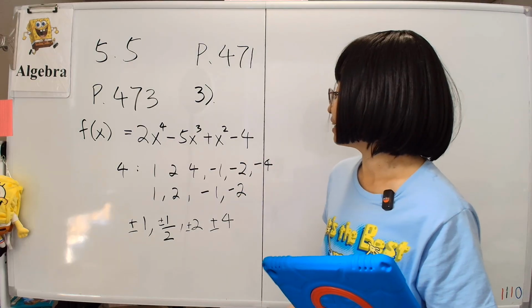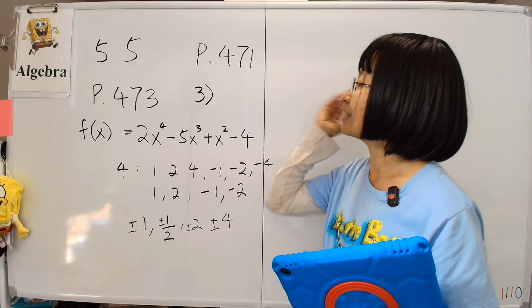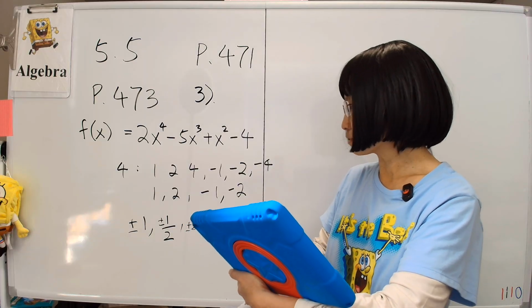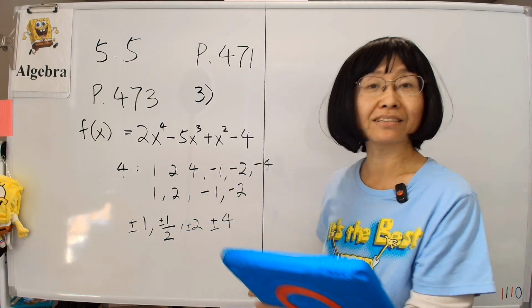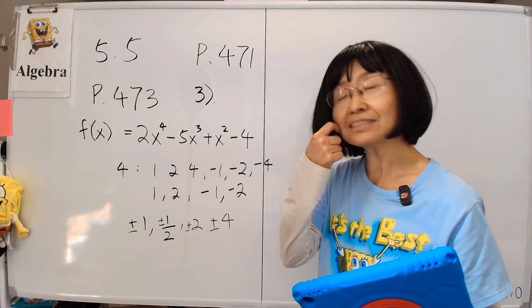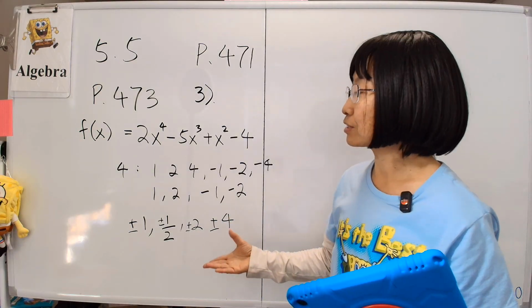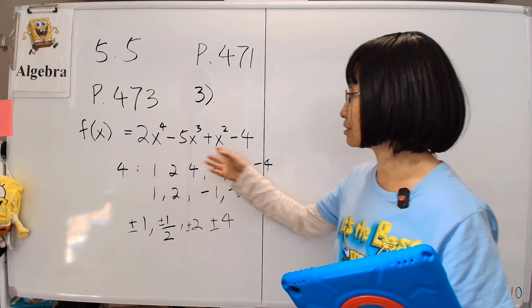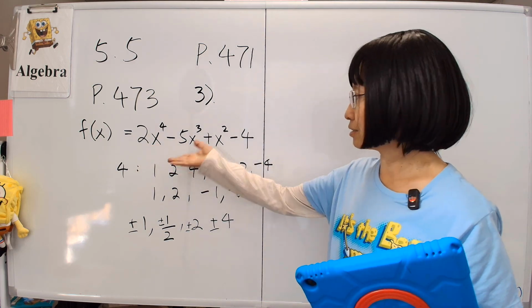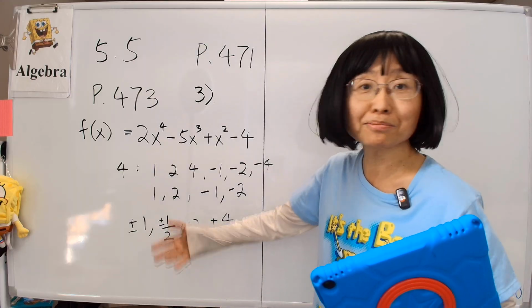And that's all we need to look for here, all the possible ones. So here's the answer for example 3. That looks a little bit tedious, but in a way it's very cool because you look at this thing and you think, what are the possible rational roots? And it looks hard, and how are you supposed to figure that out?